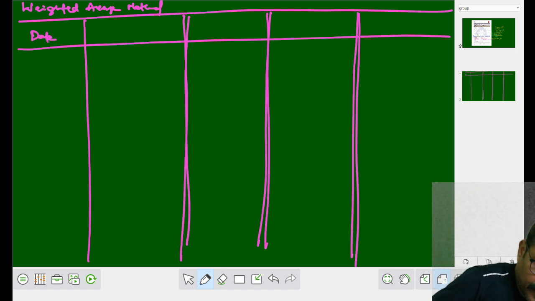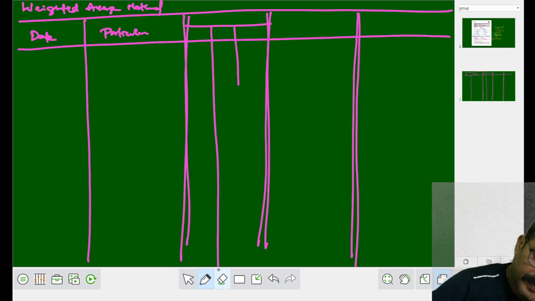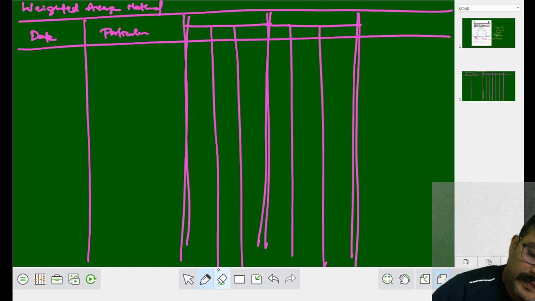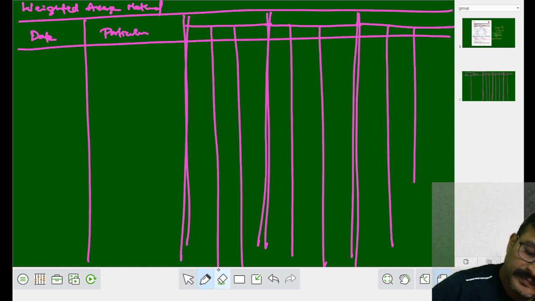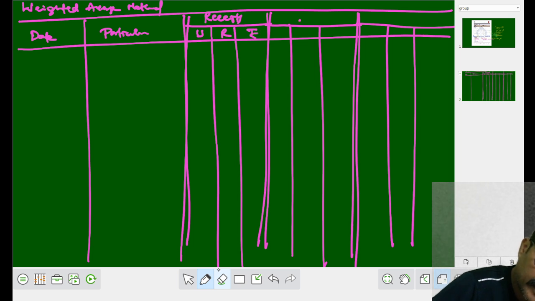This is the date column, this is the particulars. Make 3 sections each: receipt with units, rate, amount; issues with units, rate, amount; balance with units, rate, amount.